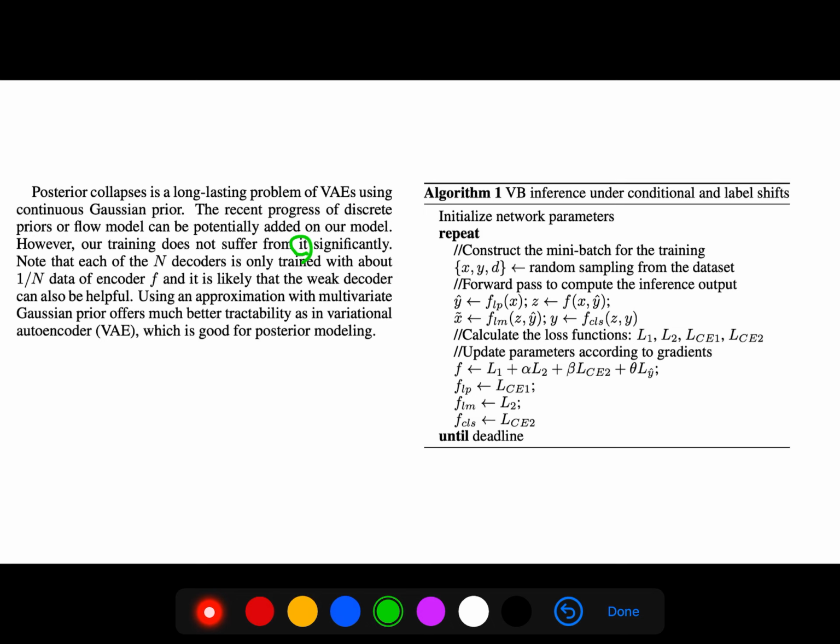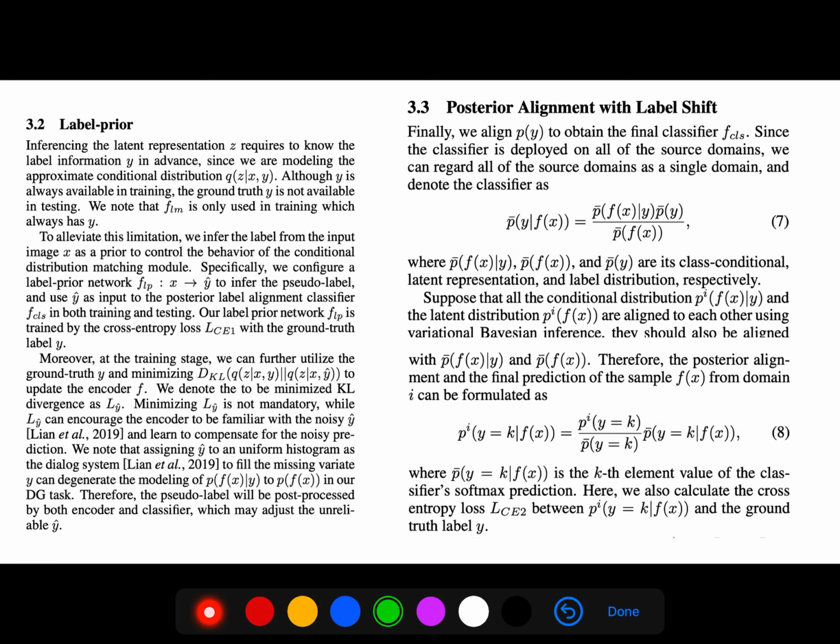So we calculate the loss functions, and then we update the parameters according to gradients. And then we have the label prior. Inferencing latent representation requires knowing the label information in advance.